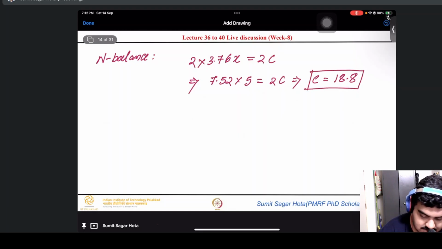Now let's substitute all these values in the equation, and again we have to multiply with 1.3 because 30% excess air is required.